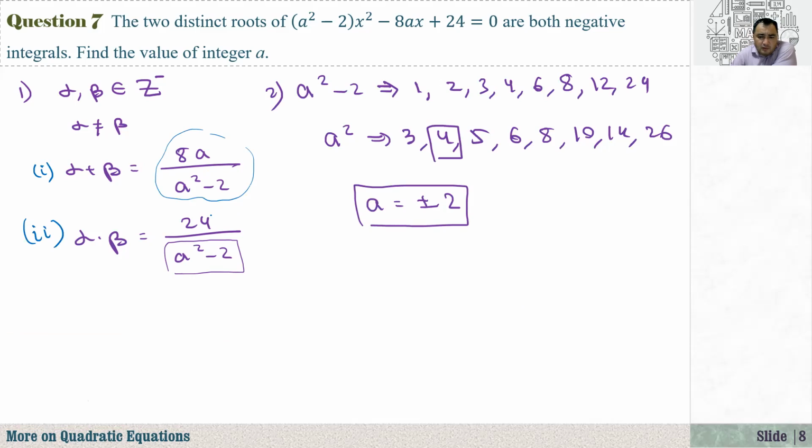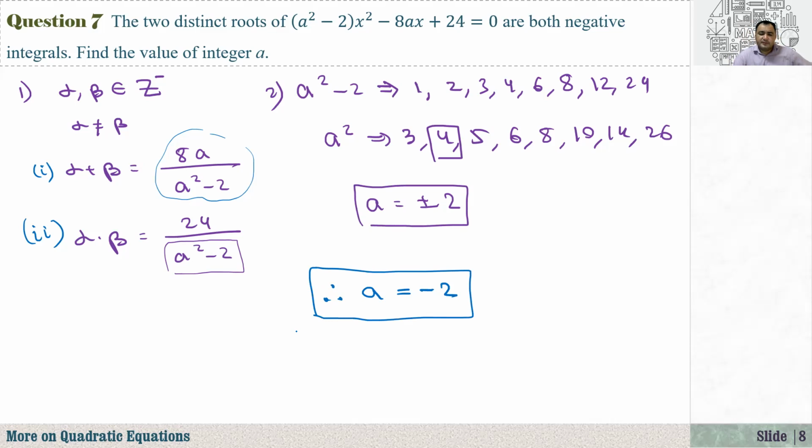A squared minus 2, when a is plus or minus 2, is positive. And also the numerator 8a must be a negative number. So if a is equal to 2, it will be positive, not negative. Since the roots are negative numbers, the sum is also a negative number. So the possible value of a is only negative 2.